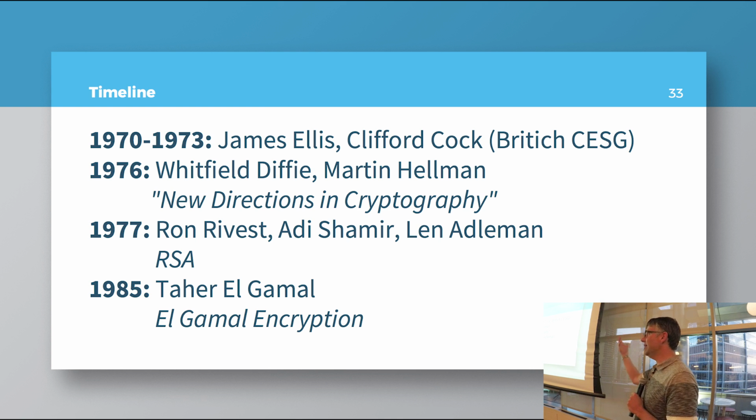In terms of public algorithms, the first people to have an influence in this area are Whitfield Diffie and Martin Hellman. They published a paper called New Directions in Cryptography, and they did two things. One is they pointed out this concept that there are certain types of math functions that are easy to do in one direction and hard to do in the other direction, called one-way functions.